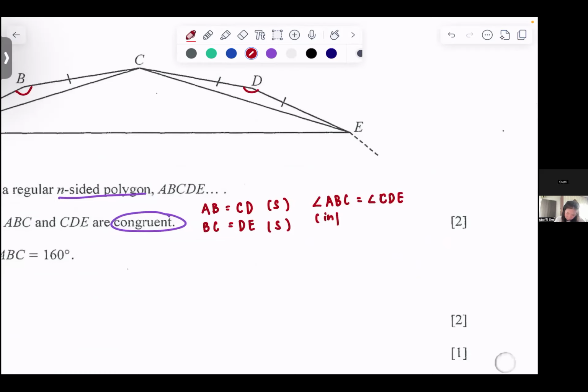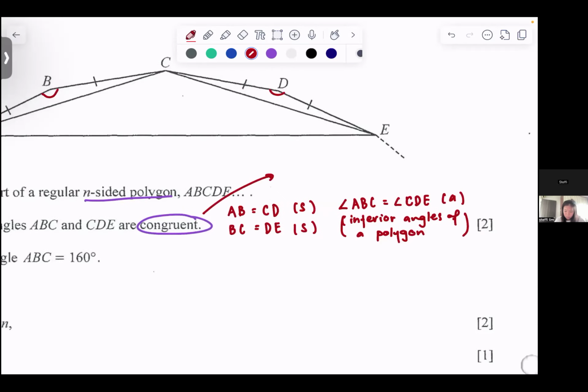Interior angles of a polygon. So you can already prove that they are congruent. Therefore, triangle ABC is congruent to triangle CDE because of SAS.